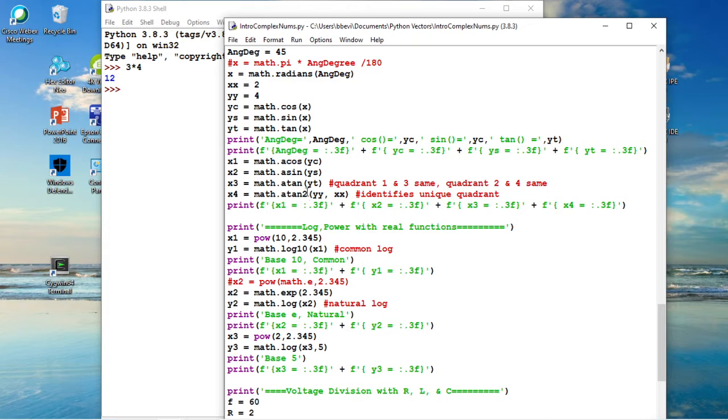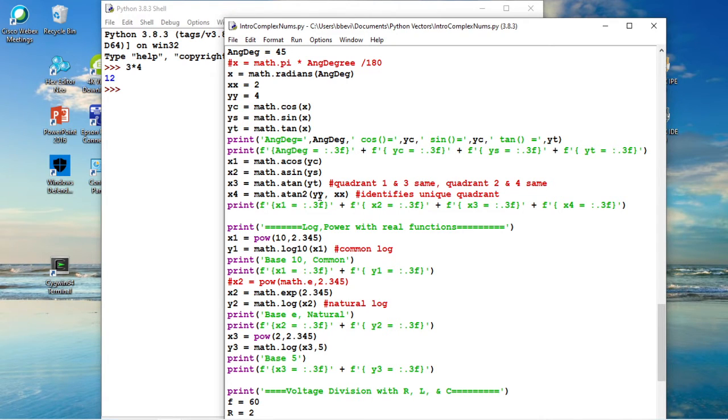Here's something to be aware of if you've done this before. I think Basic, Visual Basic, and all the other languages always have an arc tangent and an arc tangent 2. With the arc tangent, you're not going to really resolve between different quadrants. Quadrants 1 and 3 will give you the same result, and quadrants 2 and 4 will give you the same result, and you can see that by looking at the cosine and sine in each of those quadrants.